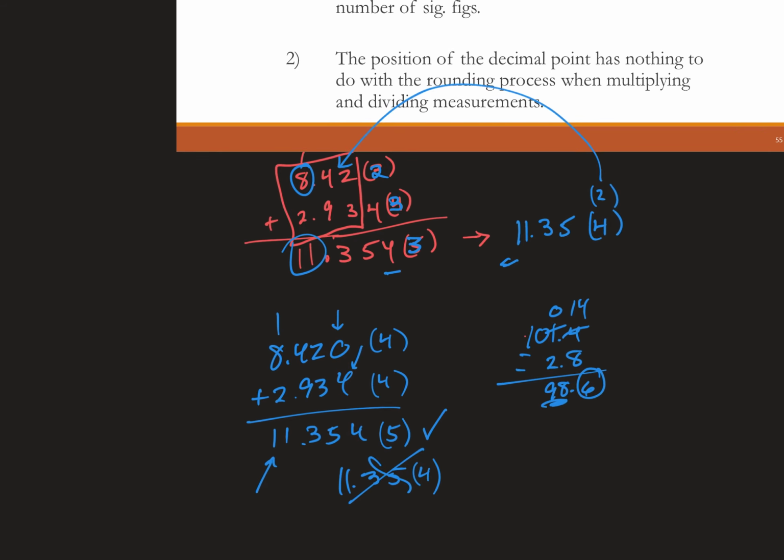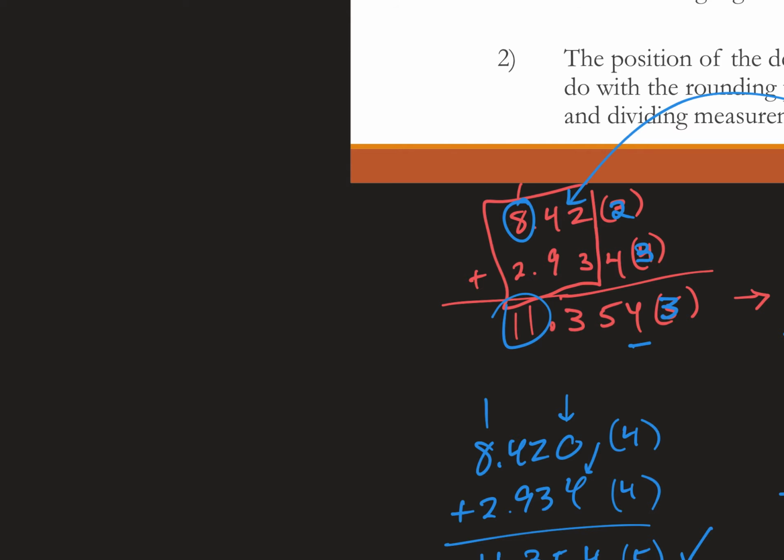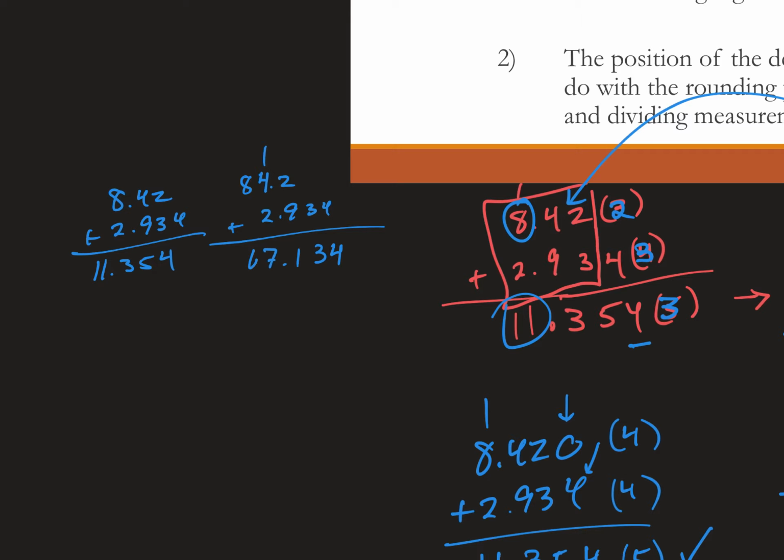So actually, let me do one more thing. We have 8.42 plus 2.934. That came out to 11.354. If I change the decimal point to make this 84.2 plus 2.934, you'll see that we get a completely different number, 87.134.